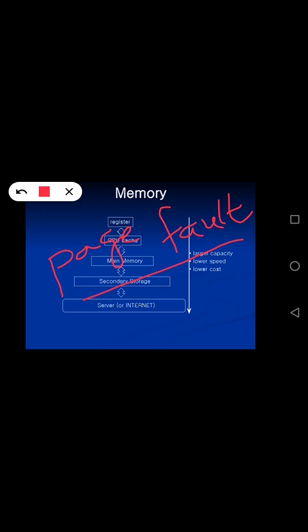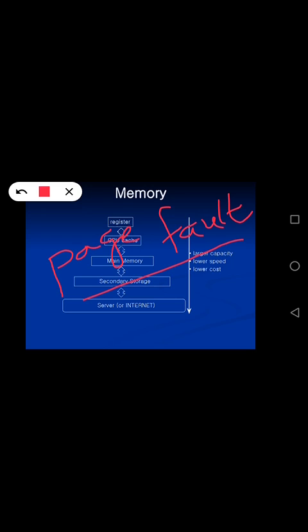That is, the data is not available in registers, not available in cache memory, and also not available in main memory. There also exists another name for the main memory.